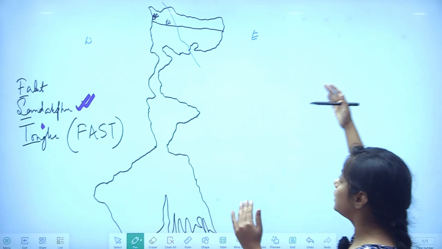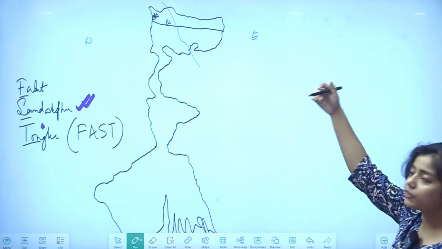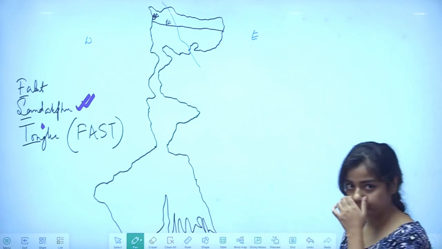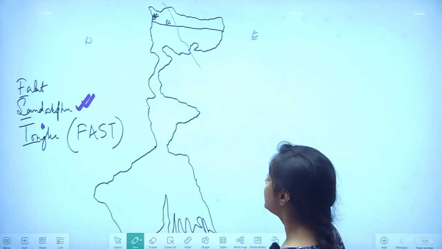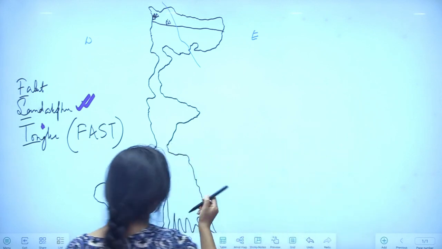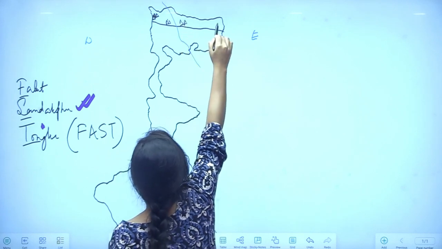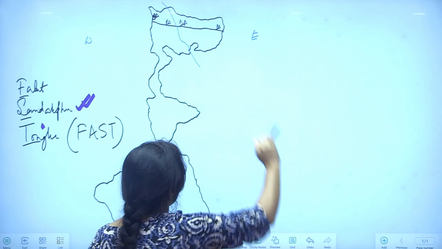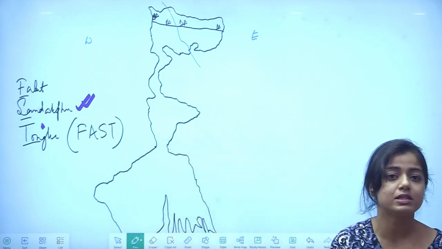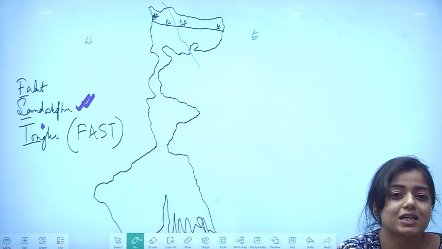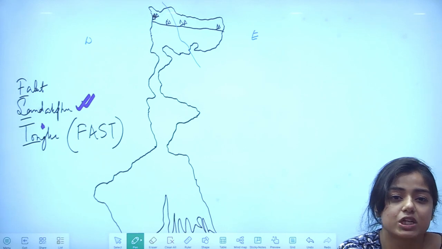Now we come to the eastern part of the northern Himalayan region. So in the eastern part, there are 2 ranges that you need to know. One is the Durbin Dara range, and one is the Baksa Jayanti range. Baksa Jayanti is famous for their minerals, and Durbin Dara's highest peak is the Rishila peak.